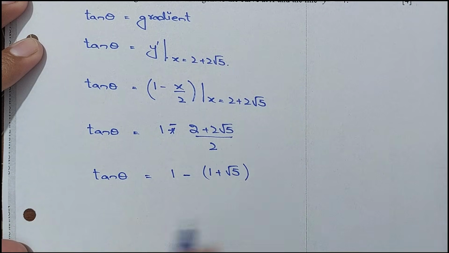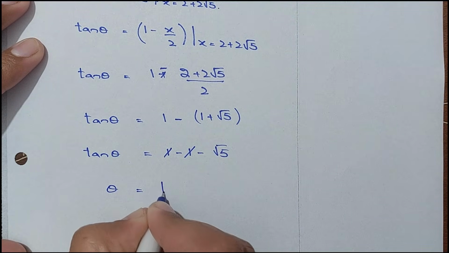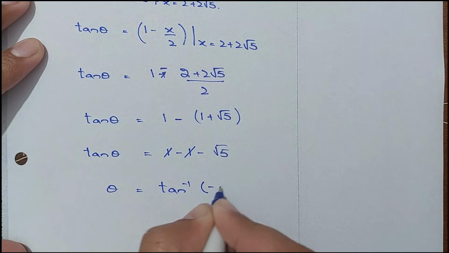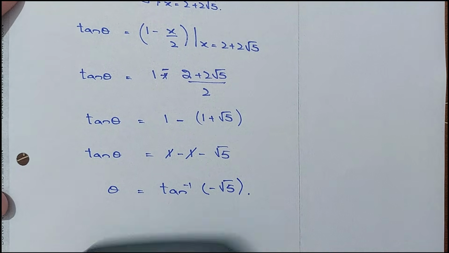Okay, so we can cancel this out. So tan theta equals 1 minus root 5. Cancel it out, so theta equals tangent inverse of minus root 5. Let me solve for this.